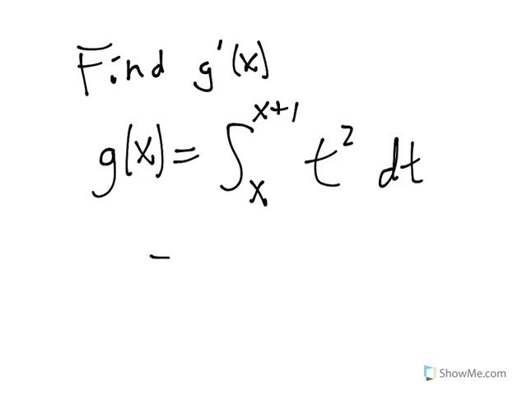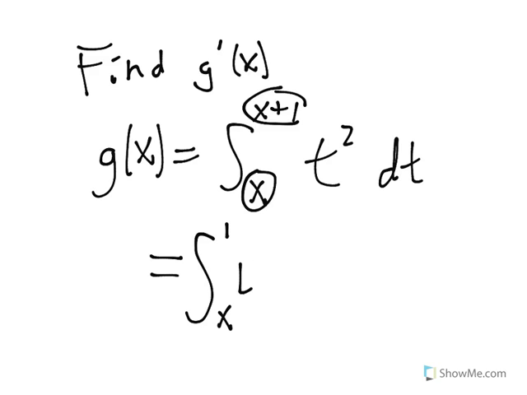Again, same thing, we want to think about our integral rules. And what I would recommend is splitting up the integral when you know it goes from x to x plus 1. Now we have variables in 2 different spots. Well, this is equal to the integral from x to a constant. Pick a constant. How about, I'll just say to 1 of t squared dt. Now we do have to be careful about where this function is continuous.